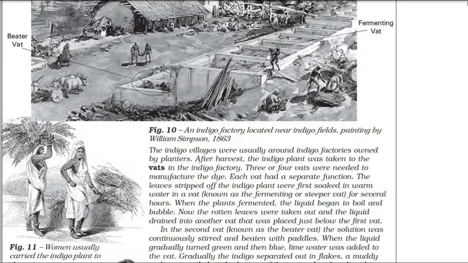These leaves are taken off, and the liquid which is left is sent to the lower level of the vat, and this is called a beater vat. Now here beating is done for multiple hours, multiple days. This is done in the lower tank.